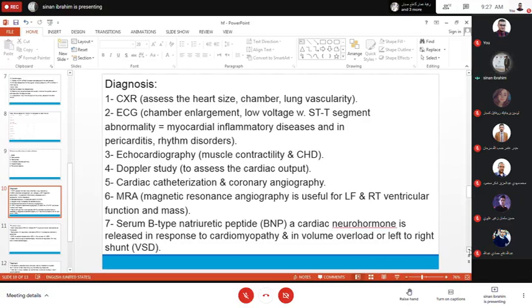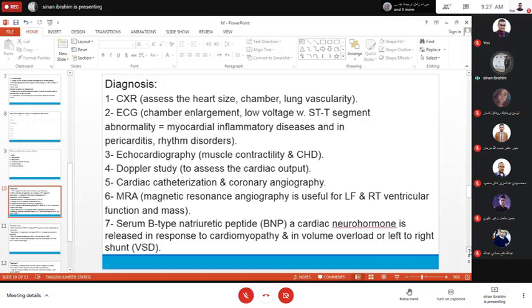Further investigation will be echocardiography, and here we will know which type of congenital heart disease is causing it, whether VSD, ASD, tetralogy of Fallot, transposition of the great arteries, any congenital anomaly. It will be seen by echo, where we see the chambers, and also the contractility of the heart and the ejection fraction of the heart muscle.